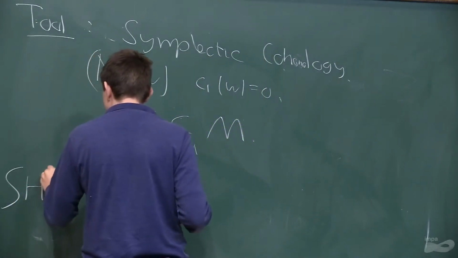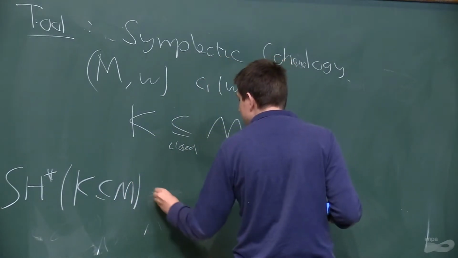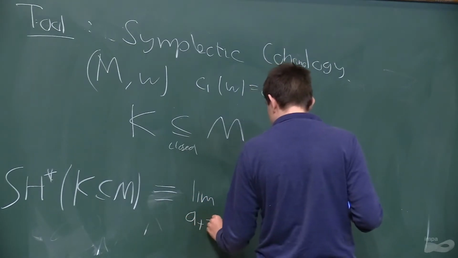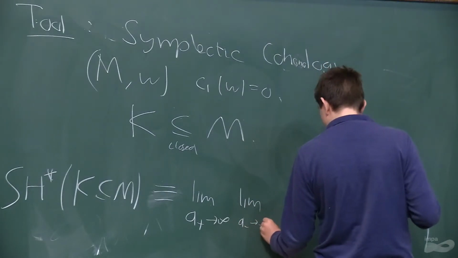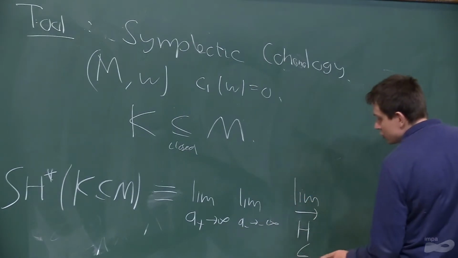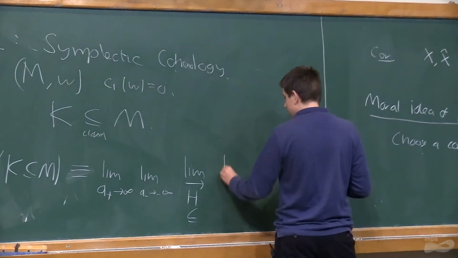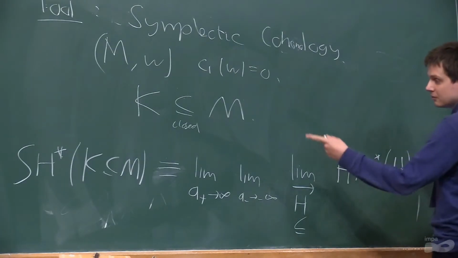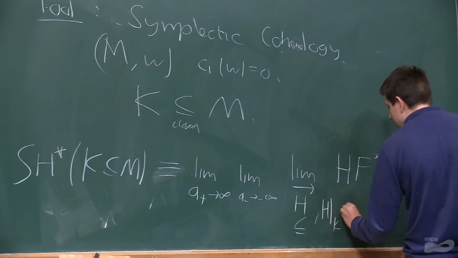I'll write SH star of K inside M. And this is defined to be the limit as A plus goes to infinity, the limit as A minus goes to minus infinity, the direct limit with respect to H, and the usual ordering on Hamiltonians given by less than or equal to, and then we take Floer cohomology of H. Oh, and then, well, there's no K here, so I have to put a K here. So we require that H restricted to K is less than 0.